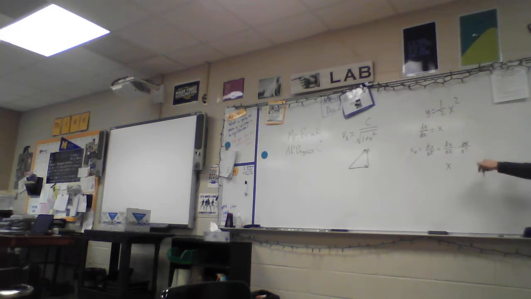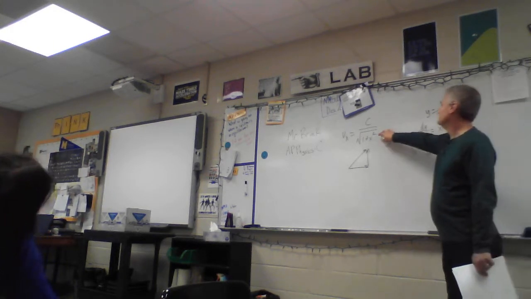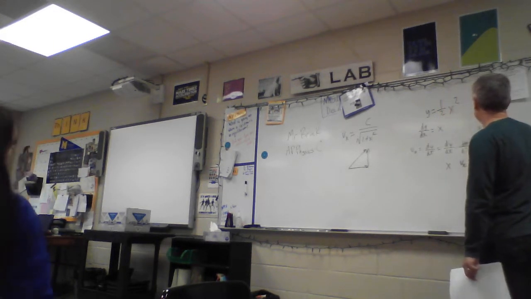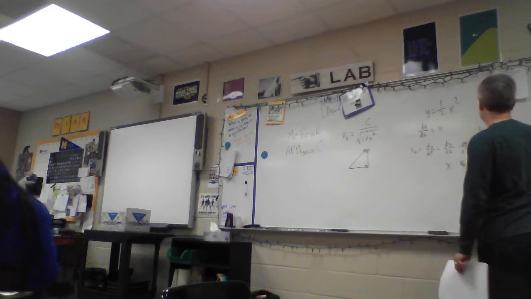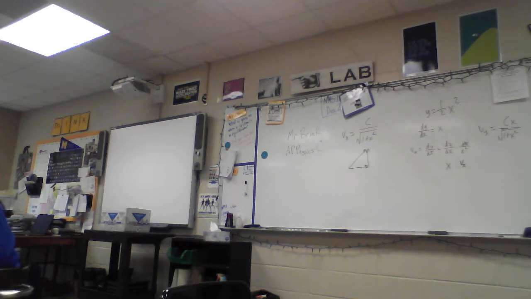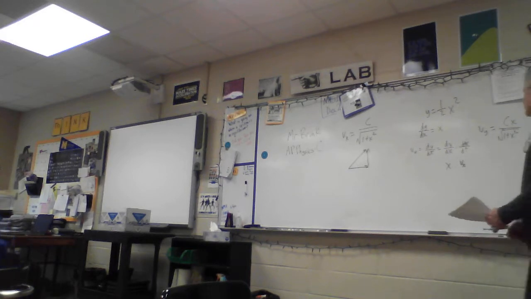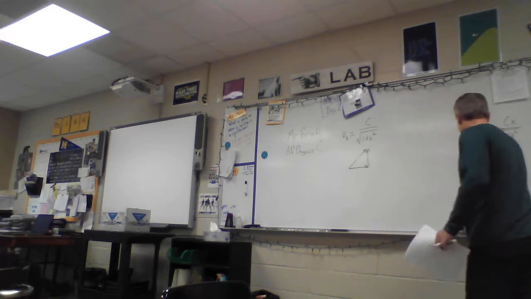So this is the velocity in the x direction as well, which I have. So the velocity in the y direction is x times all of that over there. And then once I have those two things, I can do Pythagorean theorem to get the resultant velocity vector.